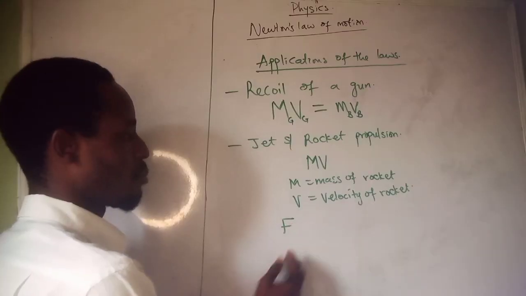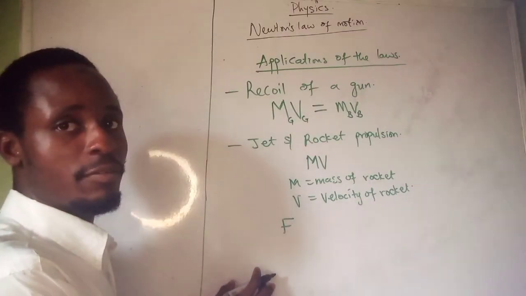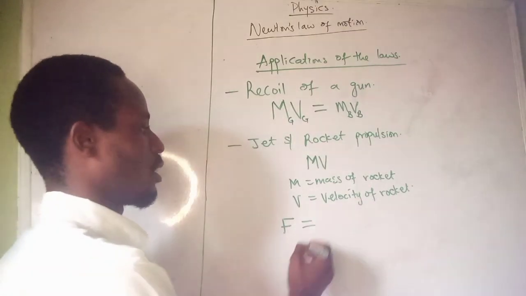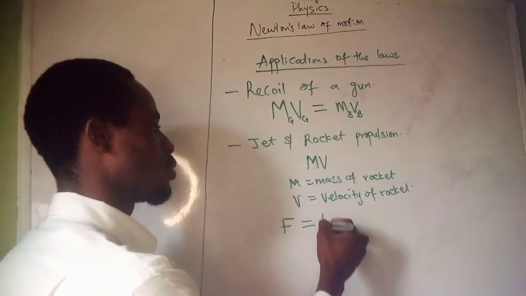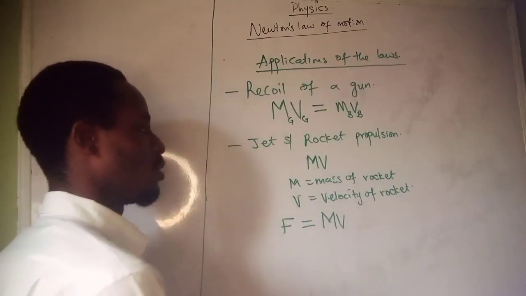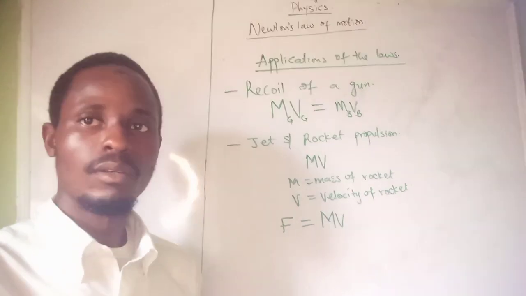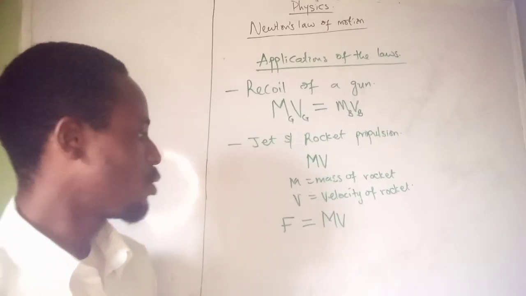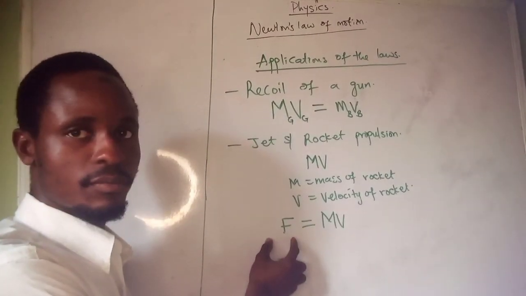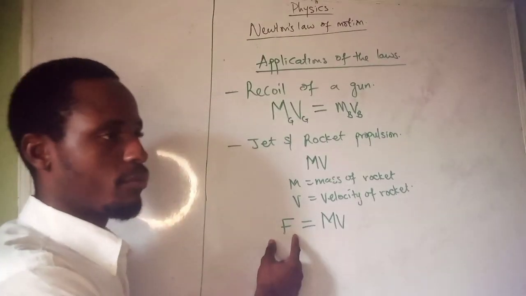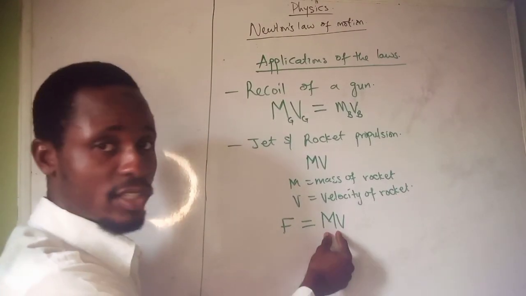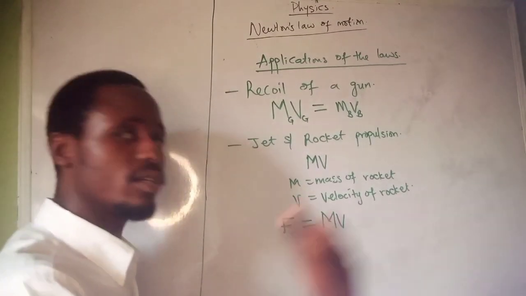So the force applied by burning the fuel is equal to the momentum of the rocket. Now, how do we account for this force? We know the mass of the rocket and we can know the velocity of the rocket.